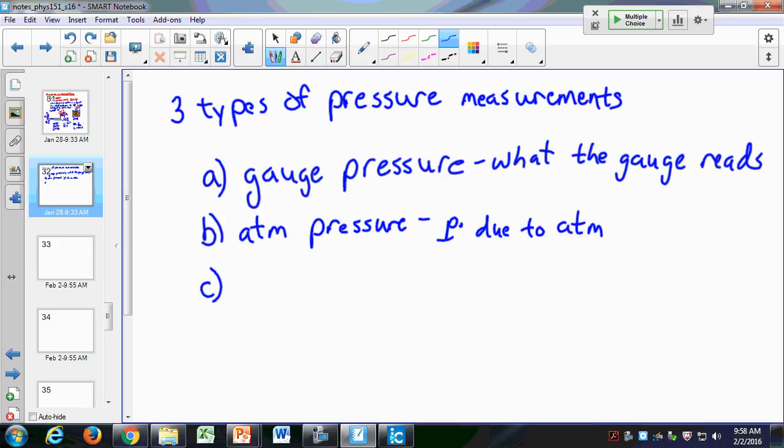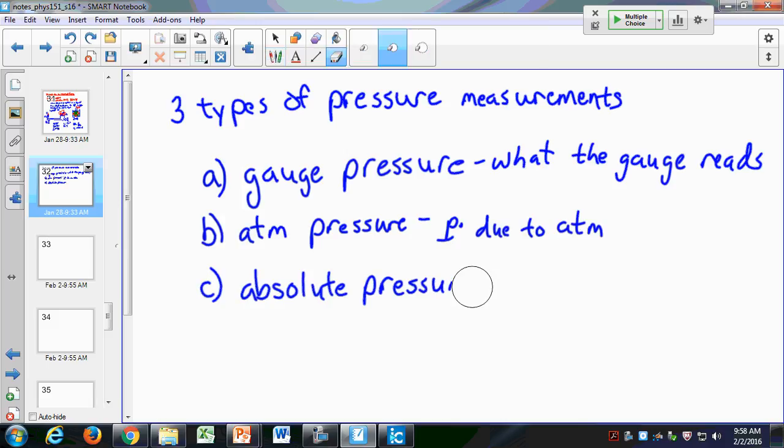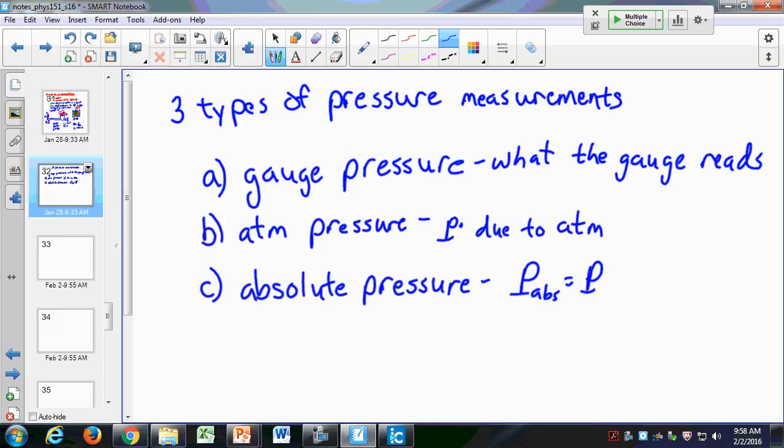The third is absolute pressure, which is the sum of these two: the absolute pressure is equal to the gauge pressure plus the atmospheric pressure.